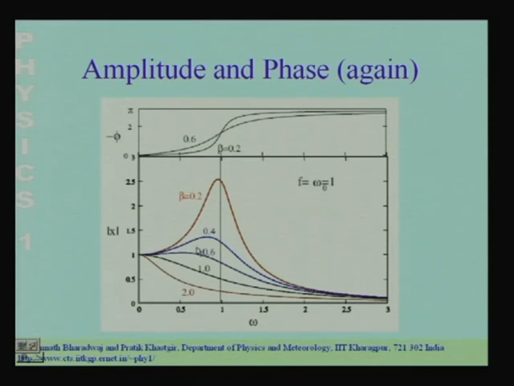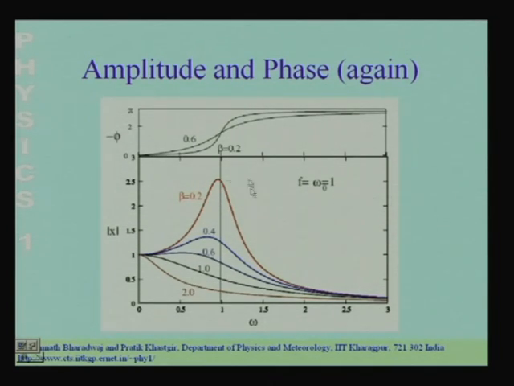In the overdamped regime, where beta, the damping coefficient, is more than omega naught, you find that there is no peak in the amplitude as you vary omega, and the amplitude falls monotonically from the low frequency value to the values at high frequencies. So, there is a change when you go from the underdamped situation to the overdamped situation.